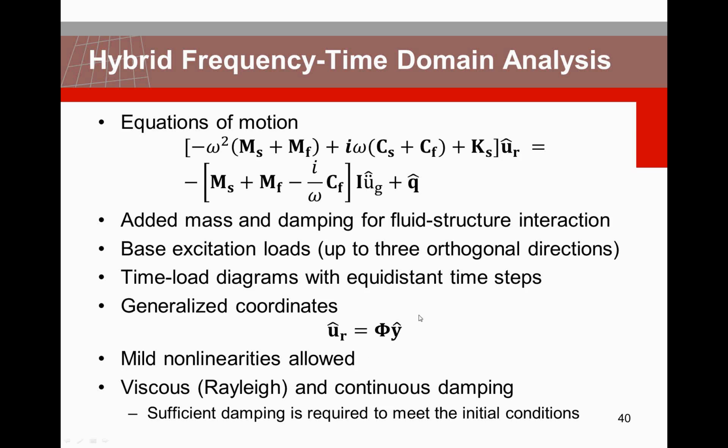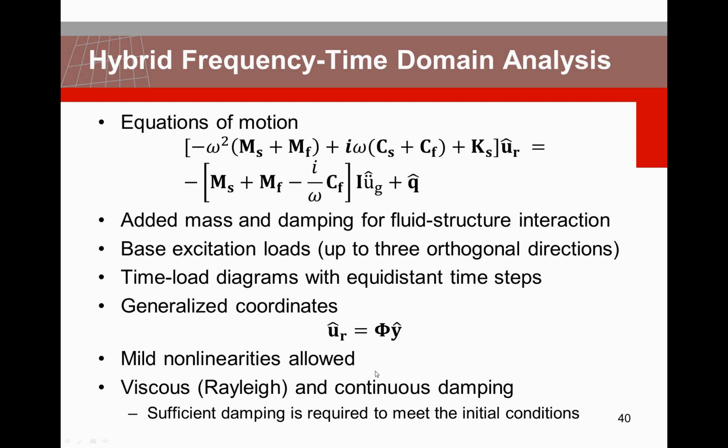The nice thing in this hybrid frequency time domain analysis is that we also make use of generalized coordinates. We make use of the mode shapes of the structure to reduce the degrees of freedom. Imagine you have your model of a dam, or maybe even a large structural model only, and you don't want to do a full transient dynamic analysis because, with these small time steps, it will take a lot of time.